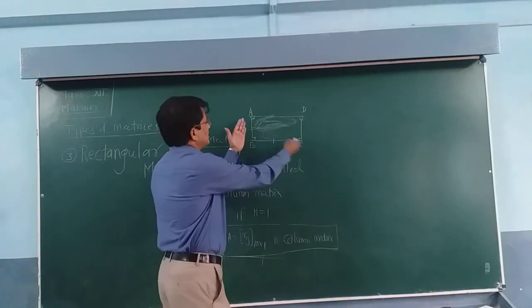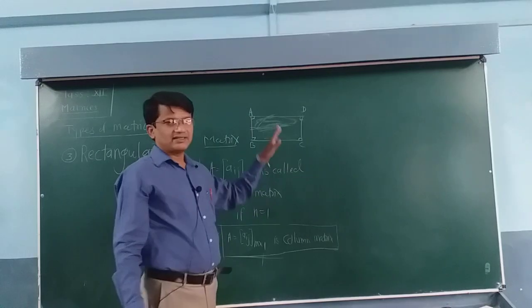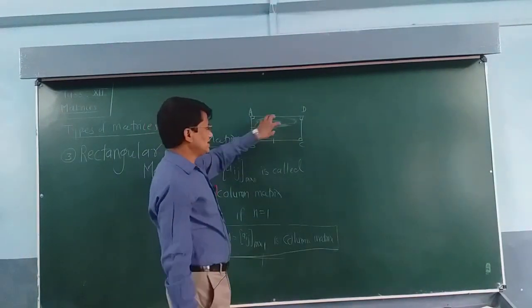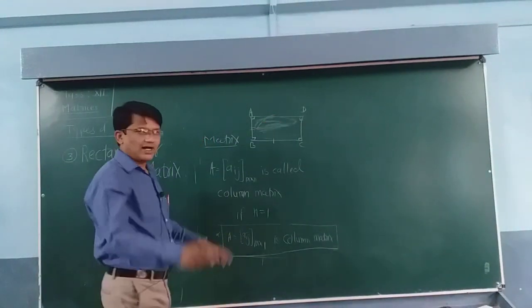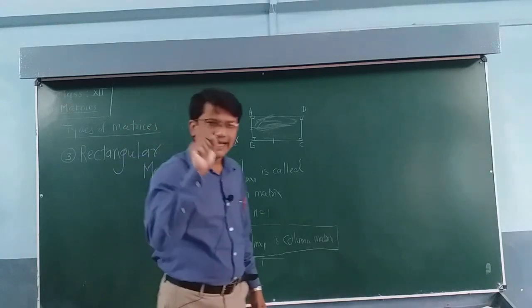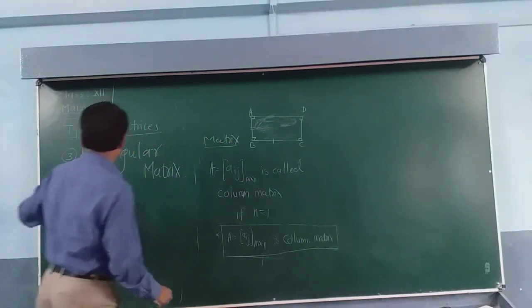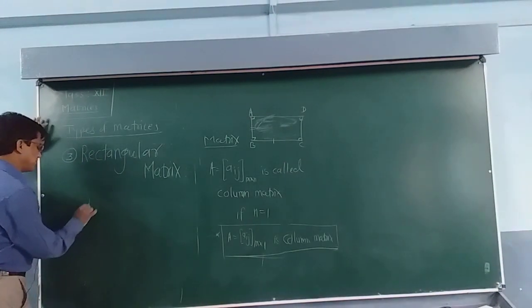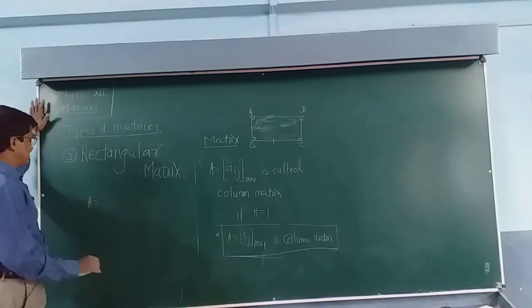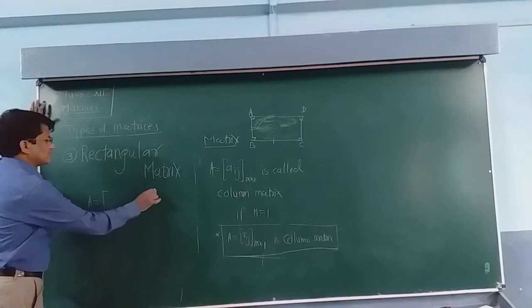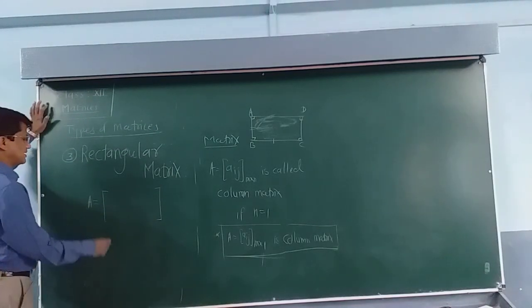Here this is the length, this is the breadth. Breadth is smaller than the length. So this figure is a rectangle. So try to arrange the numbers in this way. Suppose the name of the matrix is A and the elements are enclosed in this bracket.